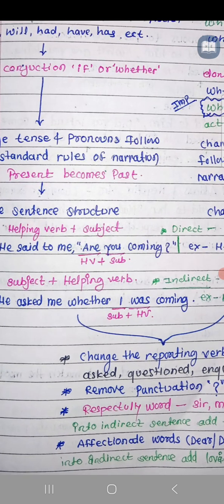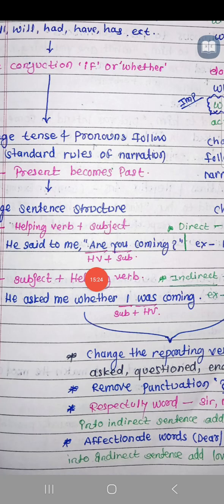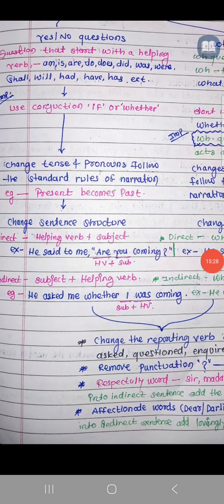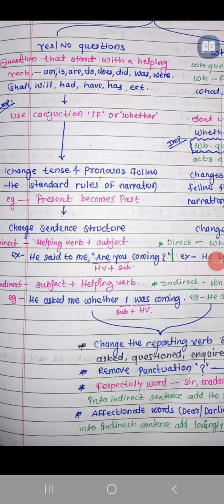Let's see here, are you coming? So here helping verb plus subject, whenever helping verb plus subject, that is called a yes-no type of question. Now I think you easily understand, and it converts into subject plus helping verb. That means you pick up the subject and put it first and then the helping verb. Then you easily solve the questions.